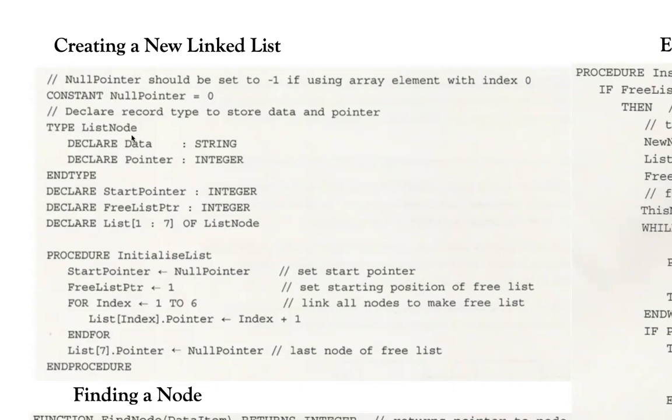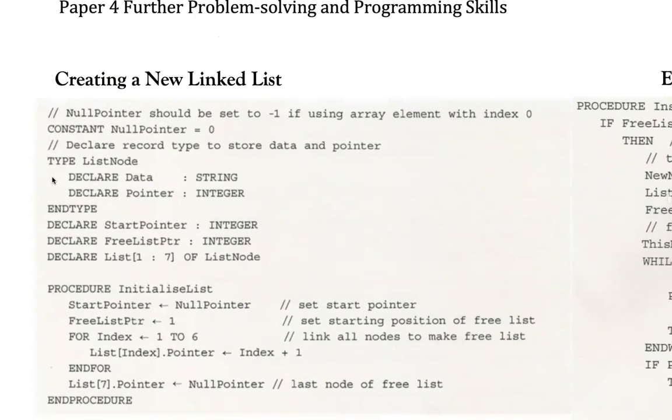And each node should have two fields in it. One is the data field of type string. These are the letters you see, A, B, C, and so on. And one is the pointer field of type integer, which is basically telling me which node comes after this node. So each node has these two fields in it. And that's all we need to do about the list node type.